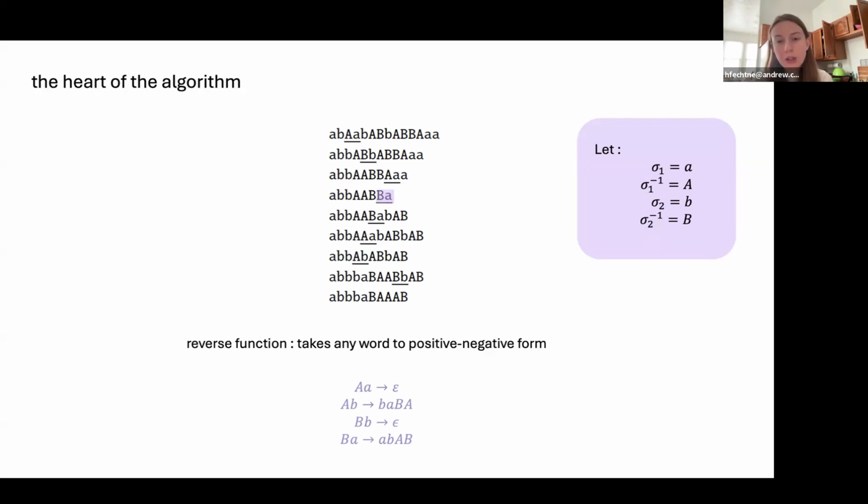So as we go through, at each step, you're going to look for the first problem, the first time a positive symbol follows a negative symbol. So I've just picked, on line 4, what's the first time? Well, it doesn't happen till the end. And then I've replaced that capital B A with little a, little b, capital B. Equivalent under the braid relations, and that substring is now in positive-negative form. Similarly, I can replace capital B, little b with nothing.